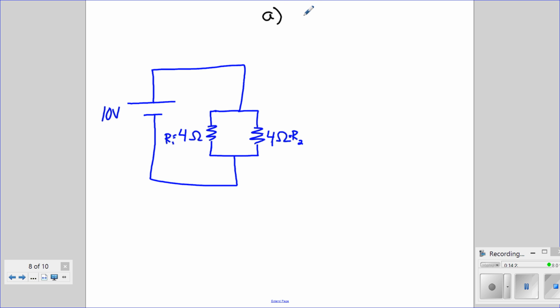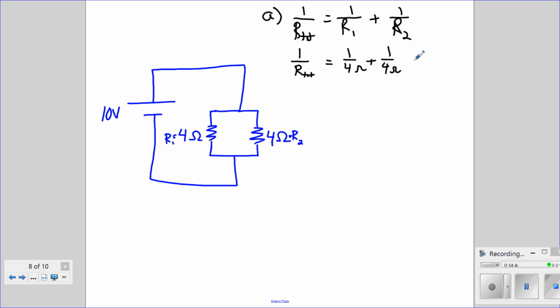To find the total resistance, we would have 1 over the total resistance equal 1 over R1 plus 1 over R2. We'd have 1 over the total equals 1 over 4 ohms plus 1 over 4 ohms. And since those have a common denominator, that's 2 over 4 ohms.